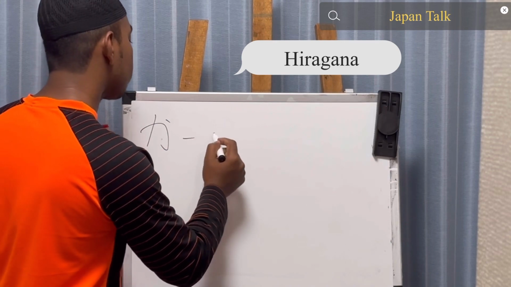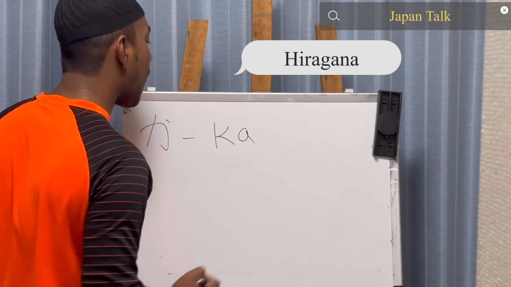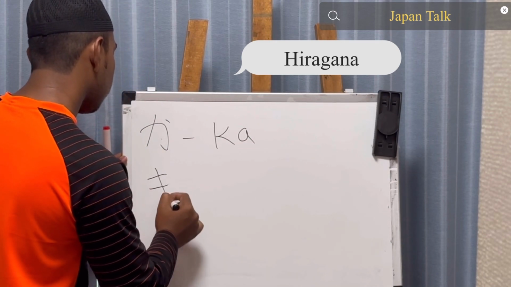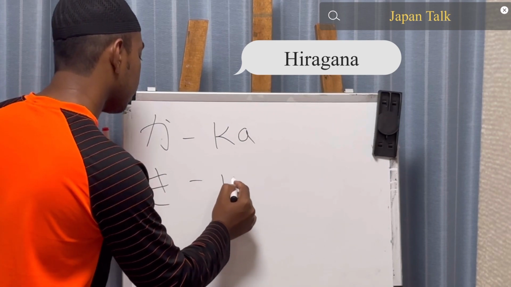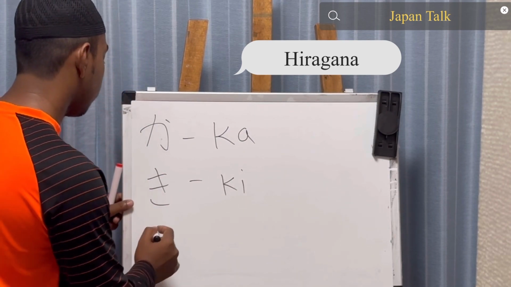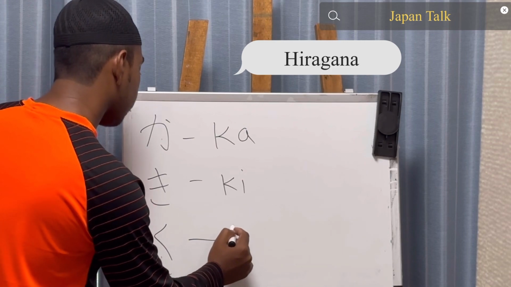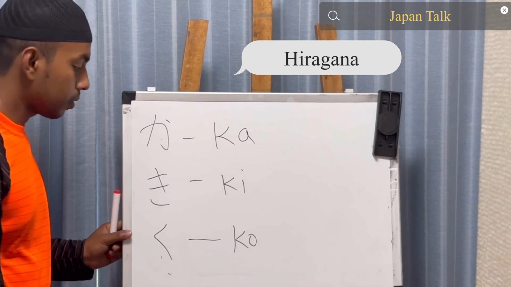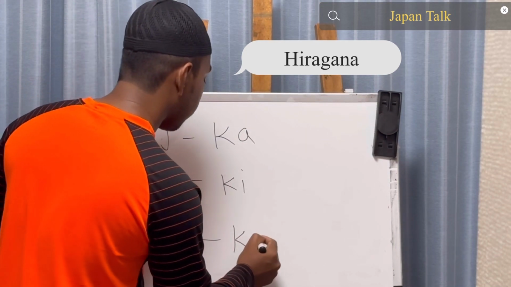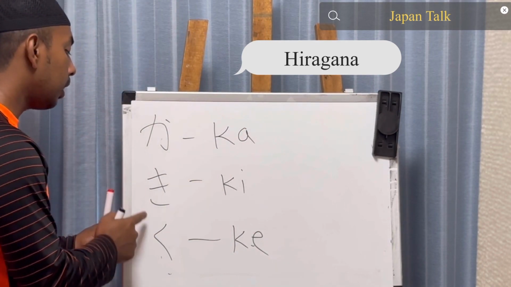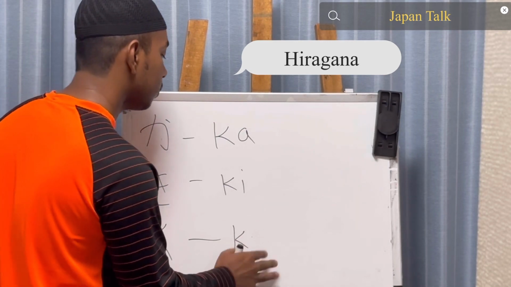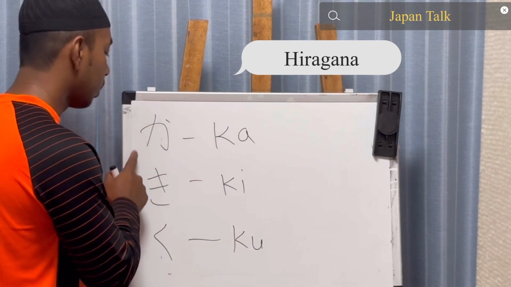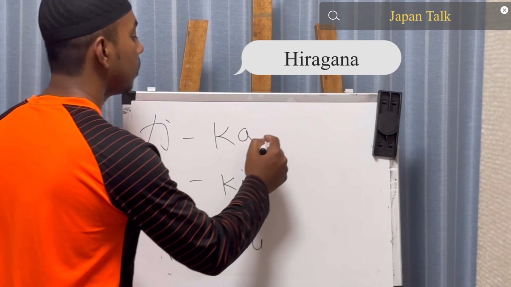Ka. This is called Ka. Then Ki. Ka, Ki. This is called Ku. Ka, Ki, Ku.